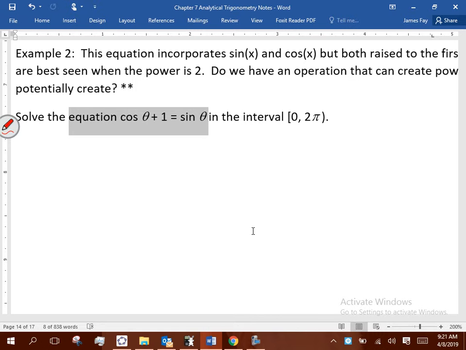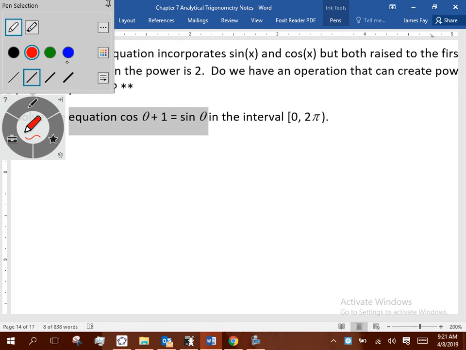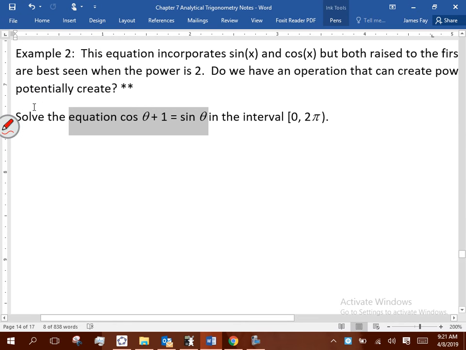So we have to somehow manipulate the equation so that we do end up with an identity that we can make. When I'm talking about sine and cosine, what power of sine and cosine is preferred in making substitutions? Squared, right? We would like to have sine or cosine squared.